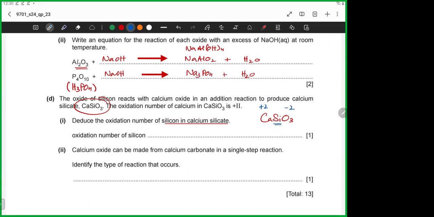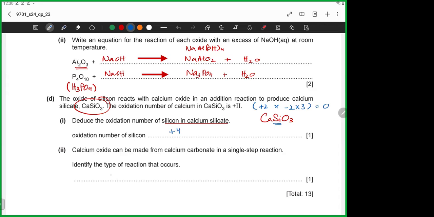What is silicon then? It's supposed to be plus 4. It's going to be plus 4 because this is minus 2 times 3, and this would be x, and the whole thing is neutral, so it's going to be 0, and that's going to give you plus 4.